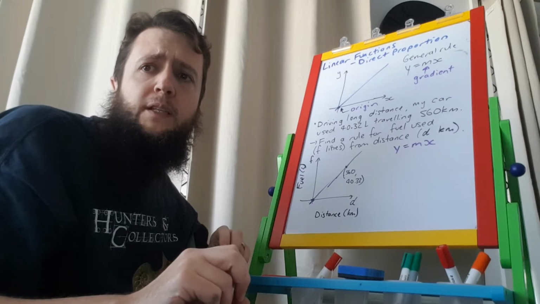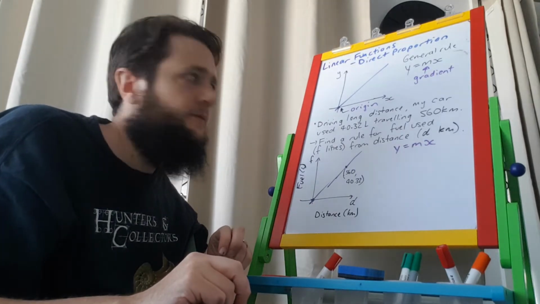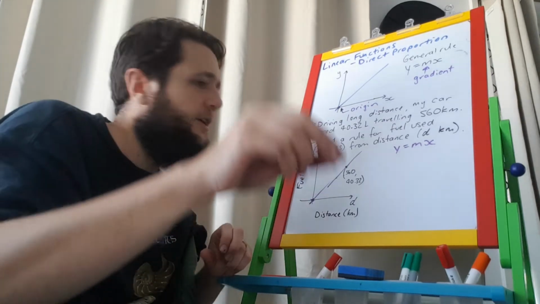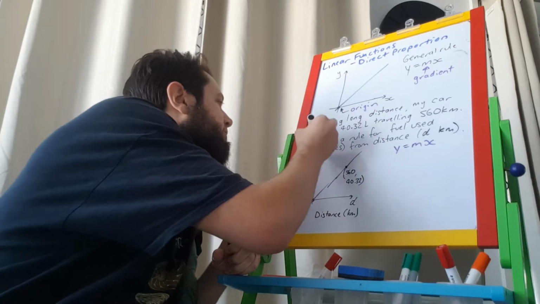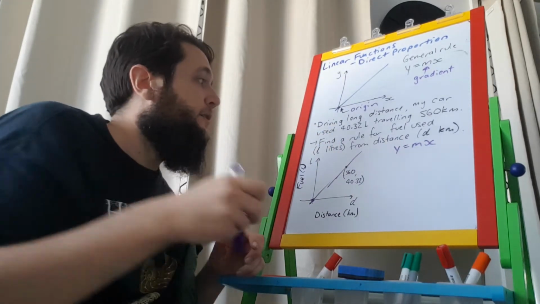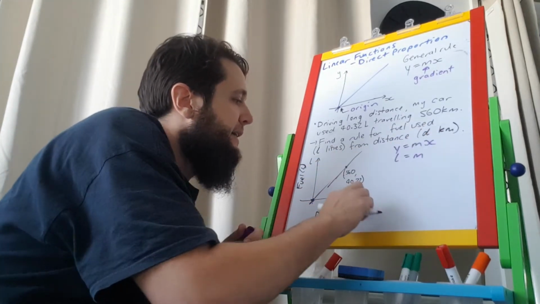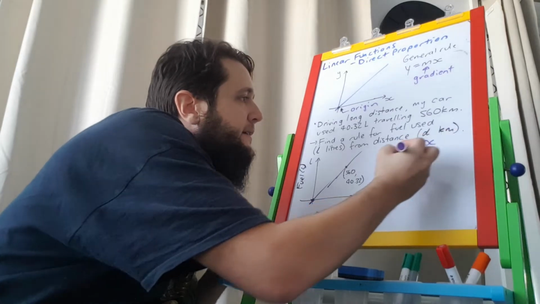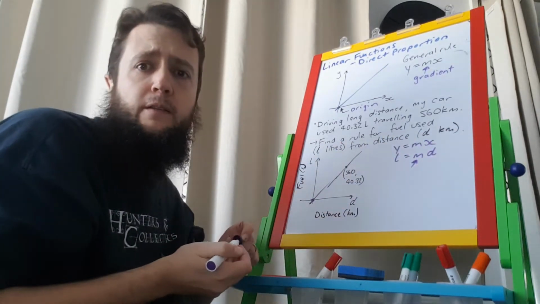So what's another letter we might use there for the amount of fuel? I might use L. That's annoying, isn't it? I'm going to change it to L because I don't want to use F, because F has a particular meaning in mathematics. So we're going to get L instead of Y and D instead of X. But fundamentally, we've still got to work out what M is, don't we?